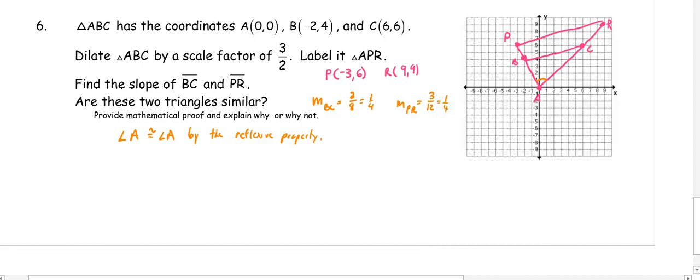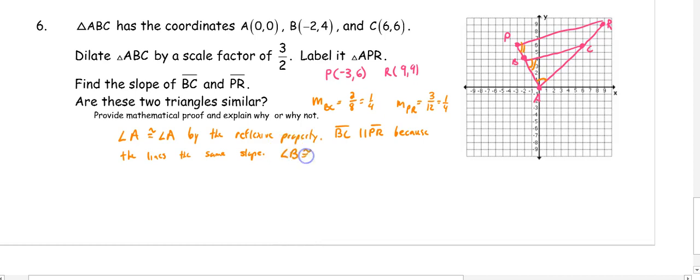So because they have the same slope, that means the lines are parallel. So we can say BC is parallel to PR because the lines have the same slope. Then because those lines are parallel, we can say that B is congruent to P. We could also have done the other two angles.